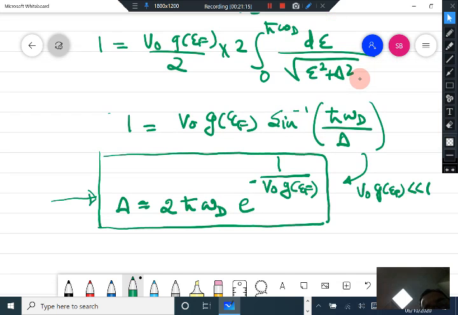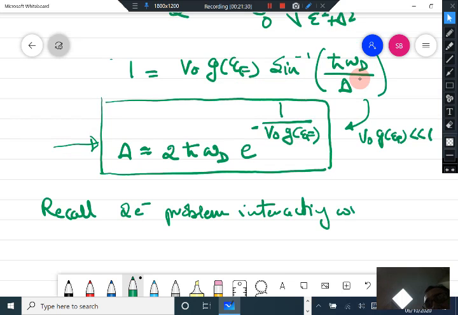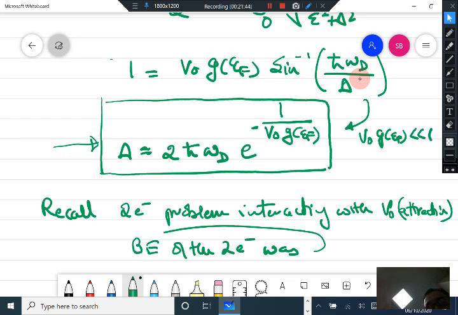If you recall, when we solved the 2 electron problem interacting with an attractive potential, if V naught was attractive, then the binding energy of the 2 electrons was exactly this.